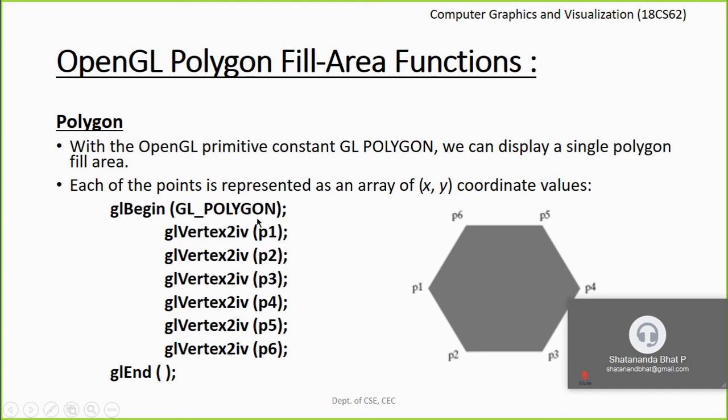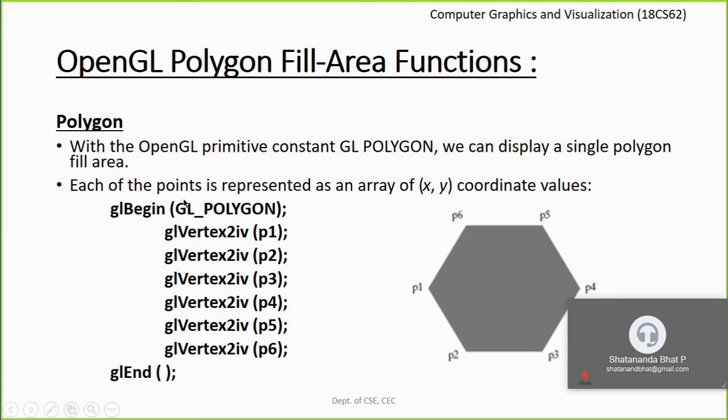For representing the OpenGL polygon fill area functions, we have a primitive constant called GL_POLYGON, which can be used to draw a polygon something like this. Suppose we have input the positions of these 6 vertices here. It's going to draw a filled hexagon, something like this.